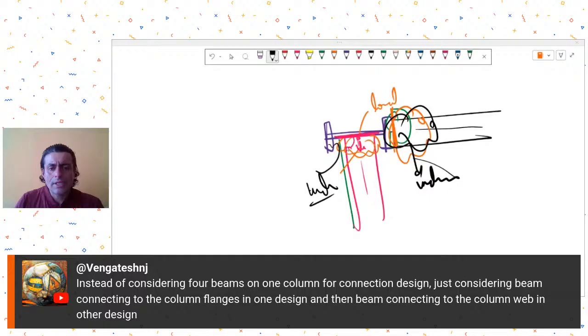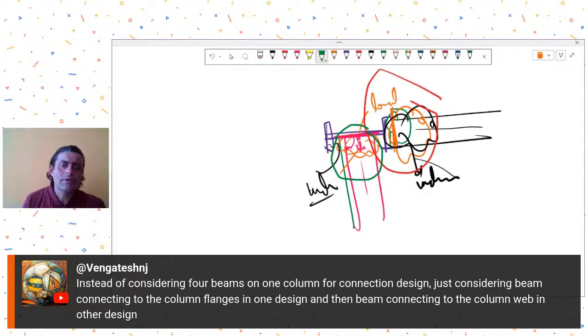So I would say yes, for this type of a connection where you know that one of them is going to be a shear connection, you could model these connections one at a time. That means you prepare one model where you just make this connection, then you prepare another model where you prepare this connection. If you had moment connections both sides, then I would have suggested that at least make one combined model where you have both the beams connected.